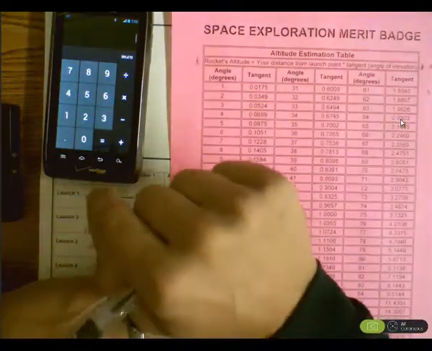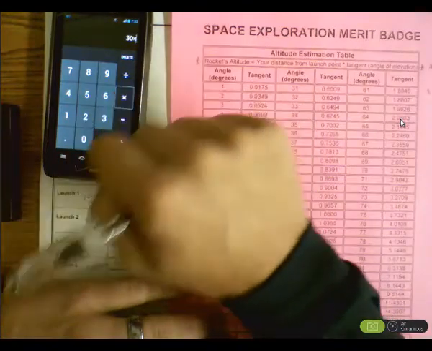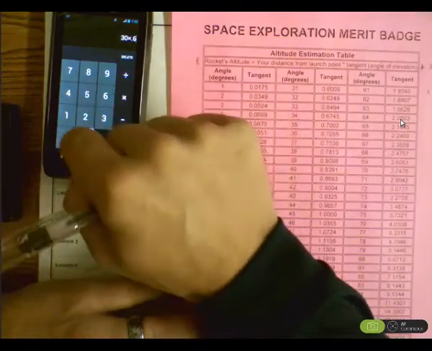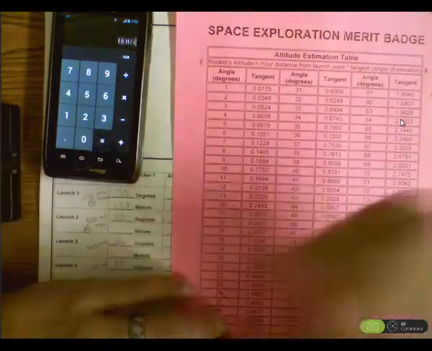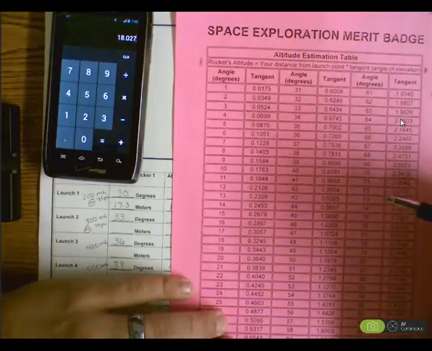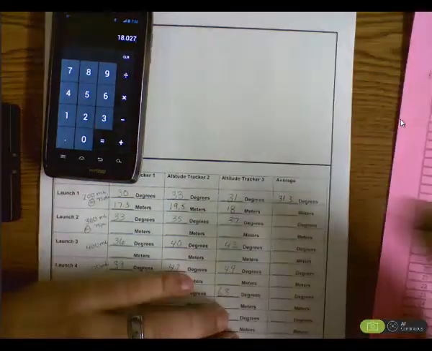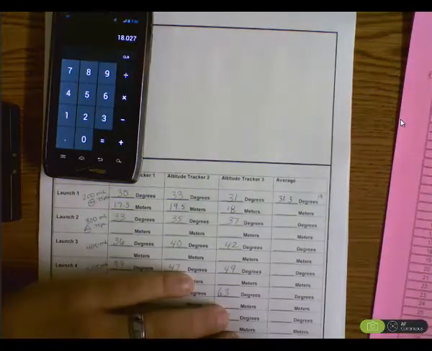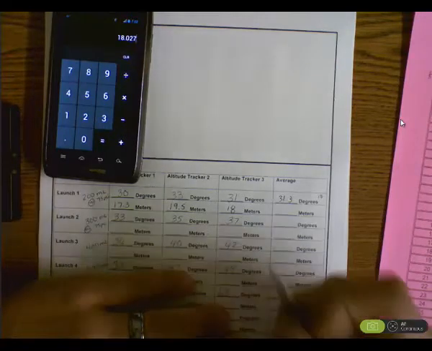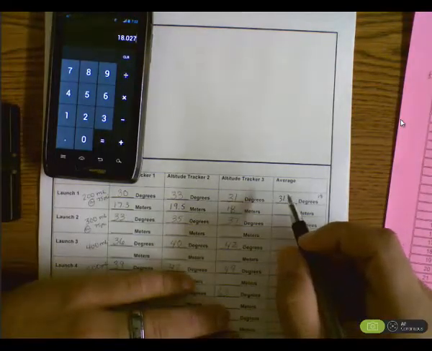So I've got 30 times 0.6009 equals 18.027 again, so I'll just say it's 18. I'm going to put that right there. So that was my average, as far as when I converted 31.3 degrees into meters.